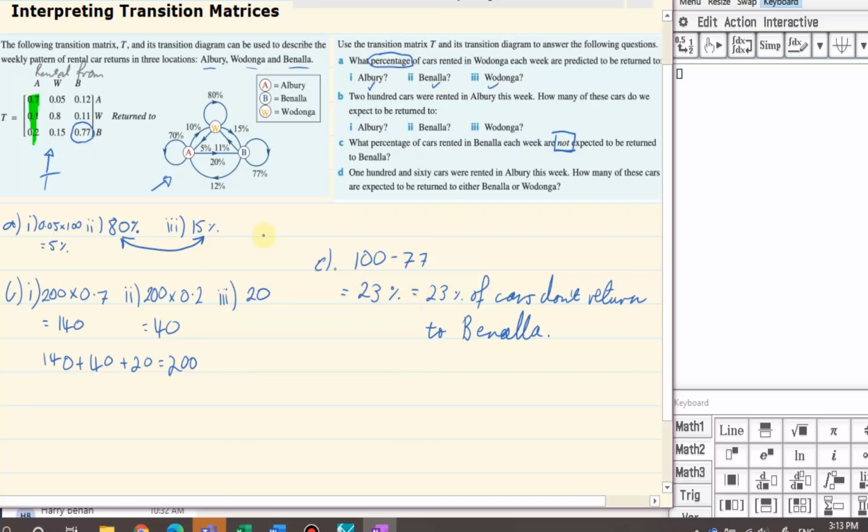That coincides with the fact that we had the 0.12 and 0.11, which equals 0.23 or 23%.